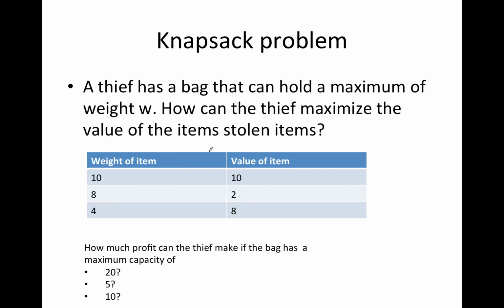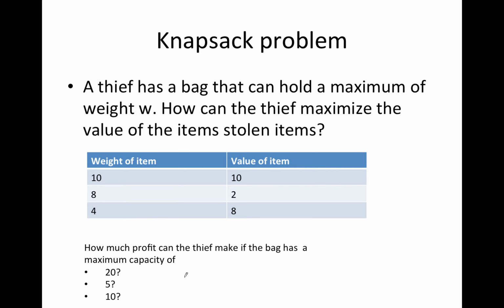Here in this table, you have the weight of the item and the value of the item. And let us say that the thief is a single person, so he's constrained by the total weight that he can steal.